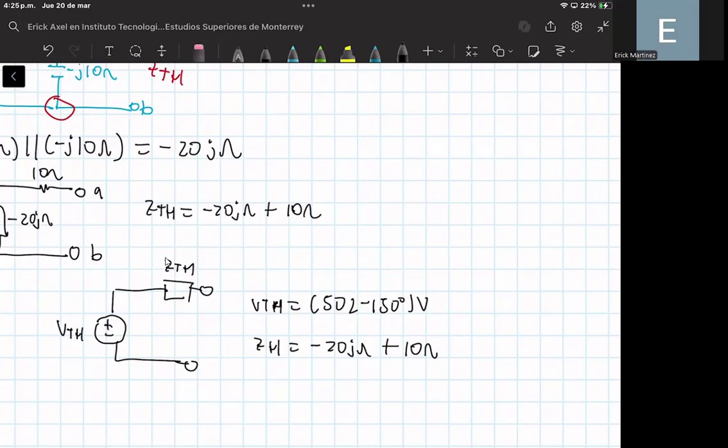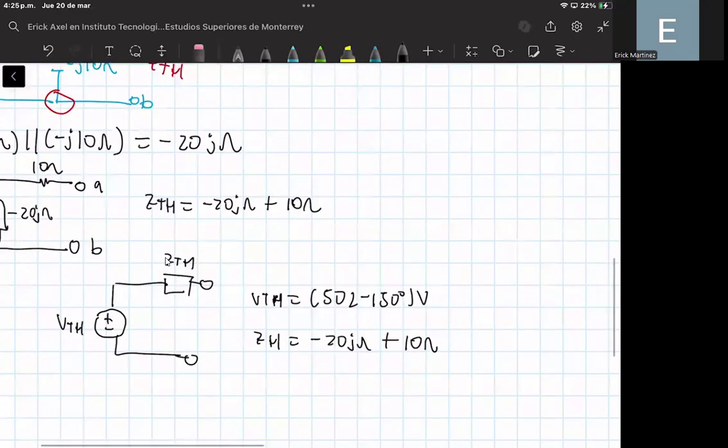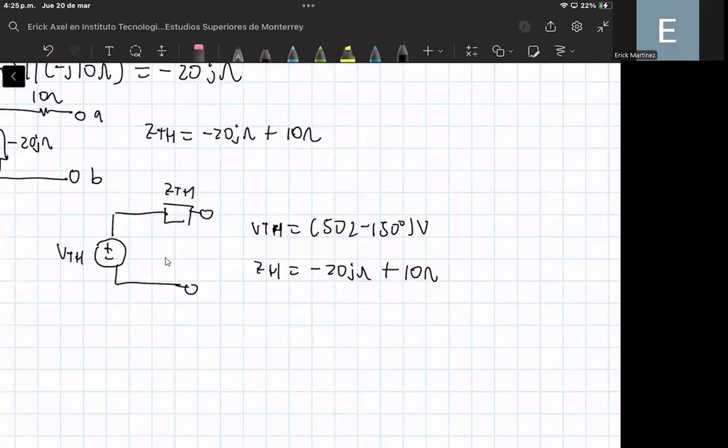Now we can also compute the Norton equivalent. The Norton equivalent is as follows. We need a current source, and we need in parallel an impedance, and we name this impedance as ZN, but the Thevenin impedance and the Norton impedance are the same.